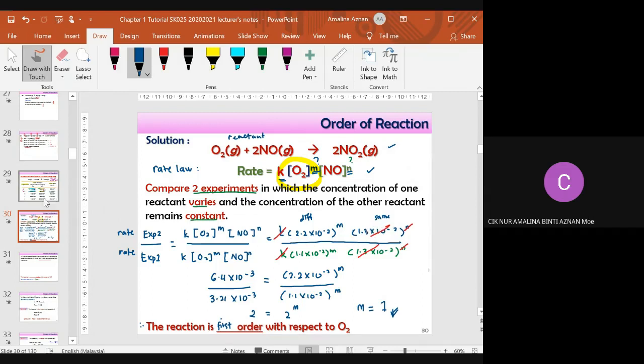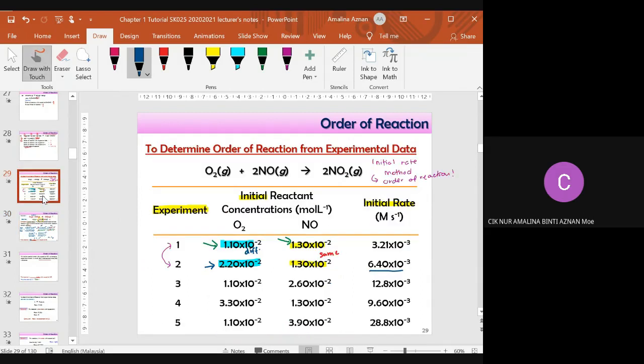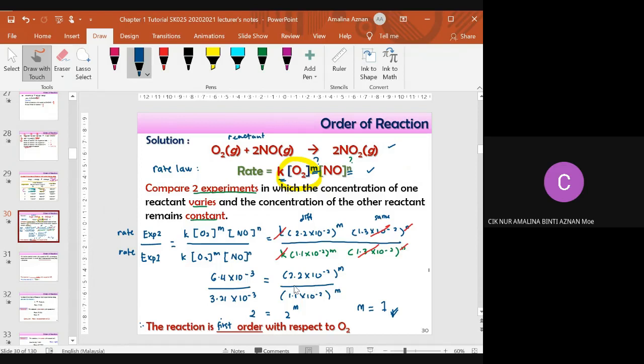So that is why ada beberapa set of data. So kamu pilihlah which one yang kamu nak berbeza concentration, which one kamu nak samakan, constantkan dia punya concentration. So ada banyak choices lah dekat sini. Okay. Right, so masukkan all the values, rate dan dia punya concentration, solve for the unknown, kamu akan dapat the order of reaction.